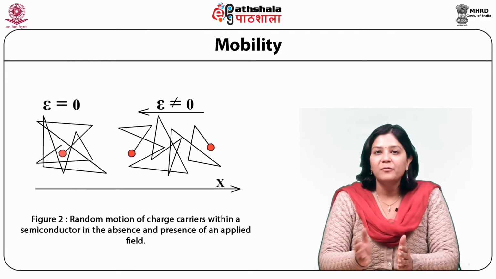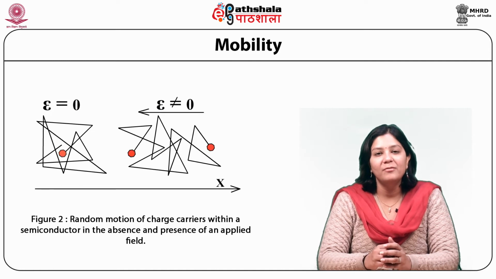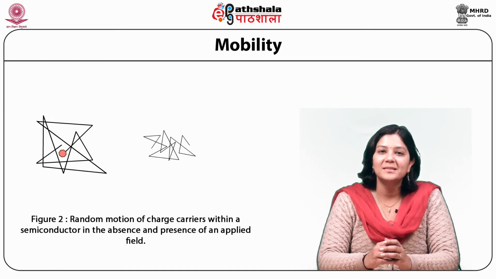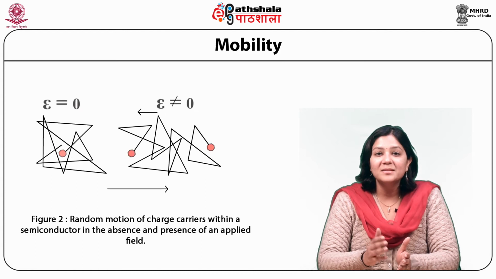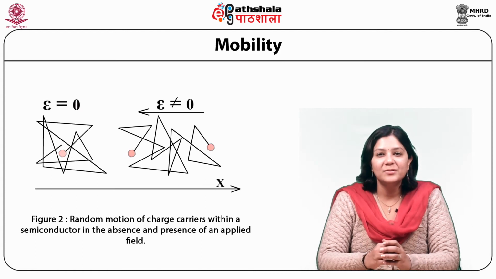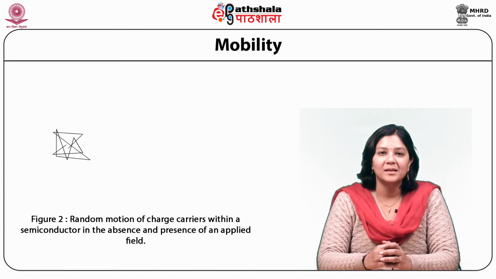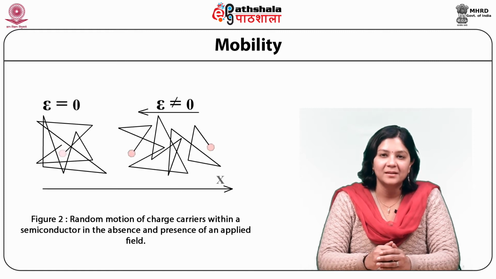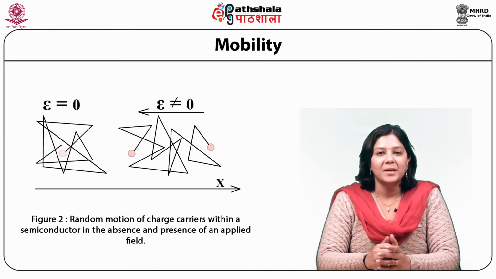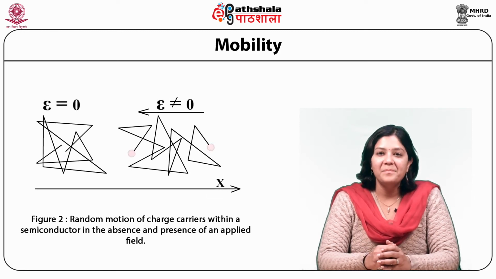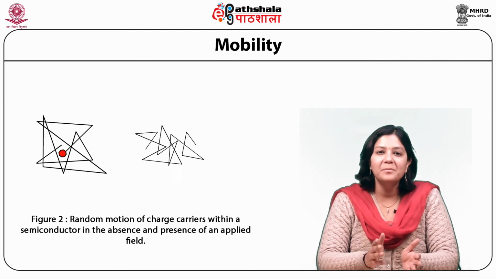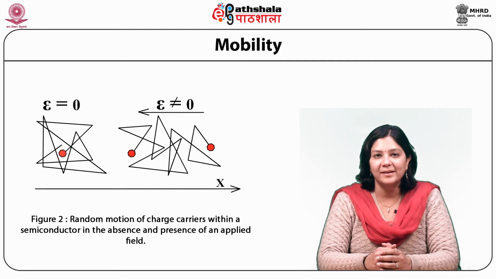The carriers move with a thermal velocity of about 10^7 centimeter per second at room temperature, and this value is much larger than the usual drift velocity on applying external fields to carriers in a semiconductor. The figure shown on the screen depicts the motion of charge carriers both in the absence and presence of an applied electric field.